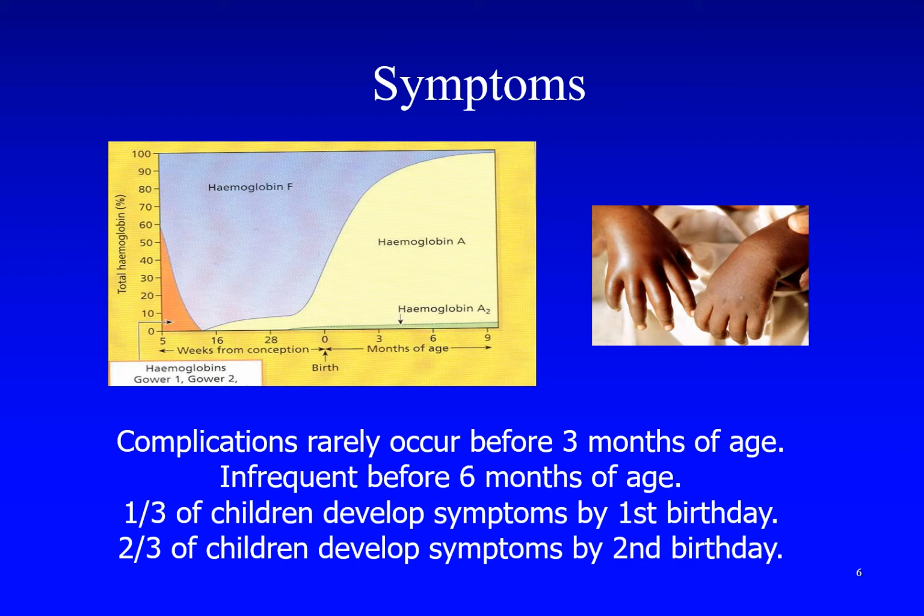Usually we don't see symptoms till about 6 months of age because the children have fetal hemoglobin, which then switches to hemoglobin A, usually by about a year of age. And quite a unique symptom in children is dactylitis, which includes probably sickling and vaso-occlusion of the fingers and the hands, which is treated in the same way as a painful crisis, as you can see in the pictures there.